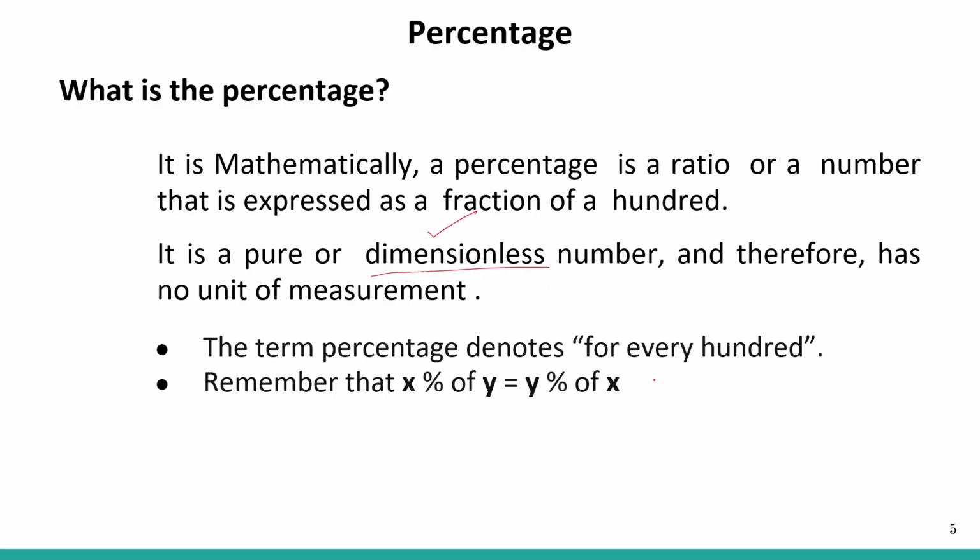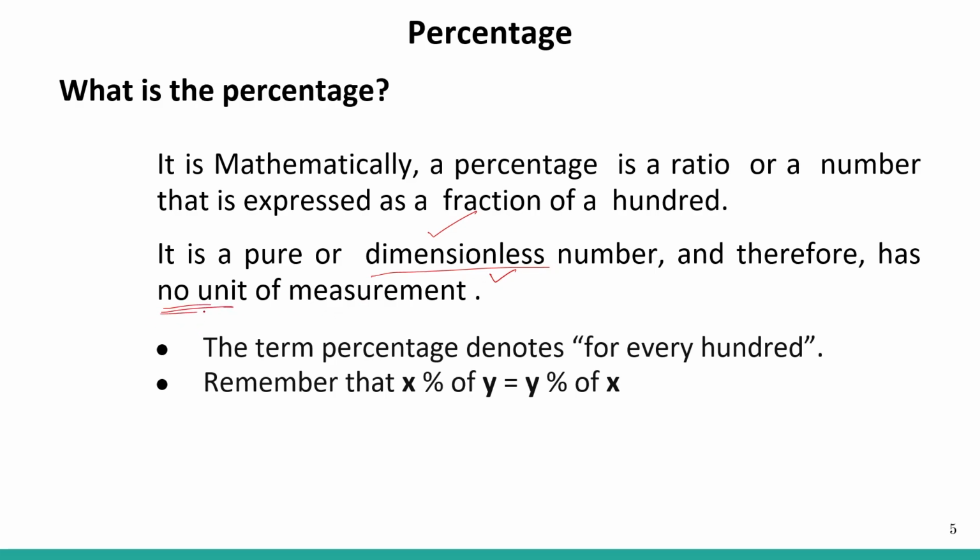You just put a percentage symbol after a number, and it doesn't represent any dimension or unit. Just like you say 2 kilometers or 2 meters or 2 centimeters, there is nothing like that for percentage. You just say 2%, 3% or 7%. You never say any unit after that. So it is dimensionless, and therefore it has no unit of measurement.